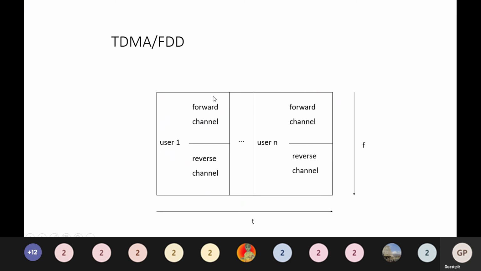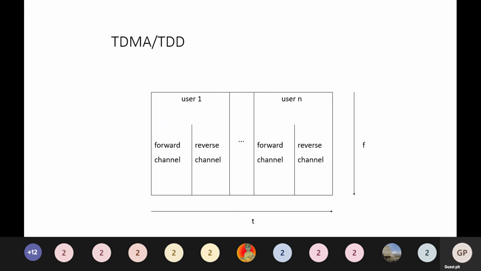In the same time slot you use different frequencies, the same forward and reverse channel for each user, going up to user n. On the axes you have time and frequency.